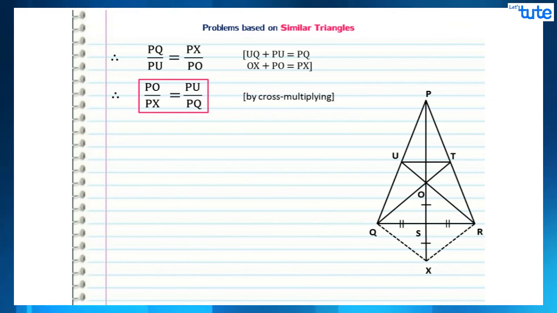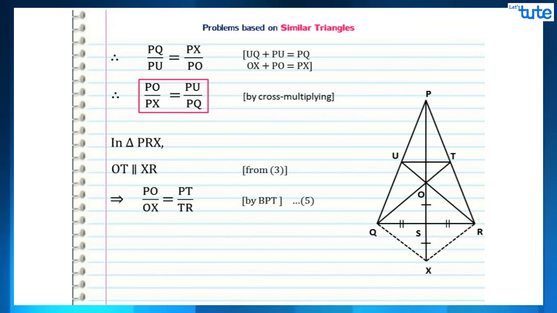So now, we will first consider triangle PRX, where OT is parallel to XR. By BPT, we get PO upon OX equals to PT upon TR. Consider this as equation 5. From equation 4 and equation 5, we get PU upon UQ equals to PT upon TR.